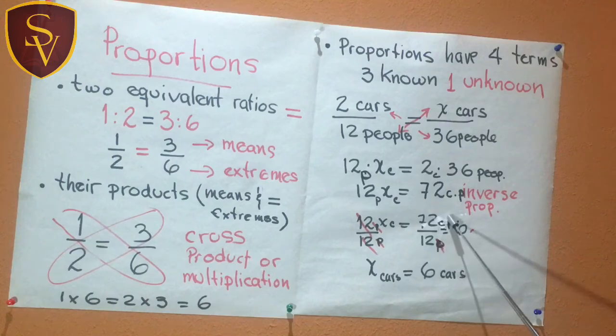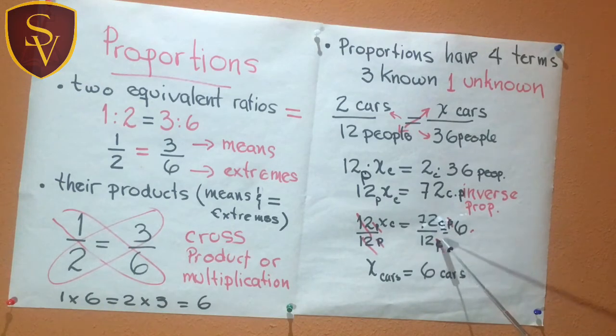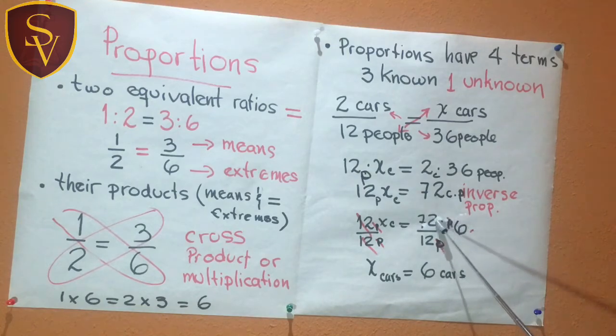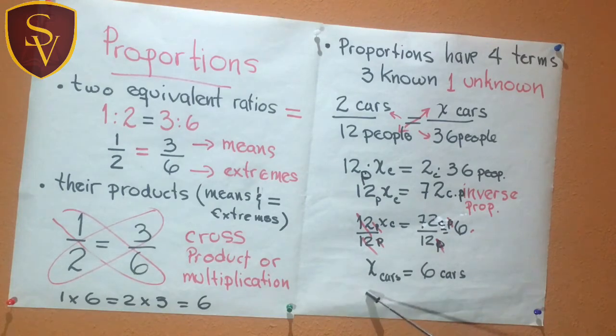We have 72 car-people divided by 12 people, so people cancel out and the only dimension left is cars. So the answer is that we need 6 cars to take 36 people.